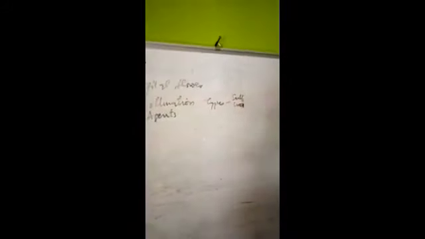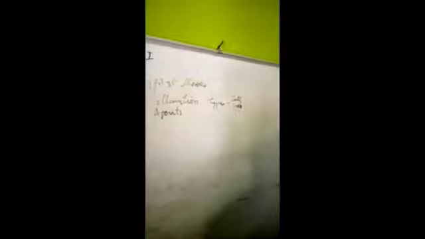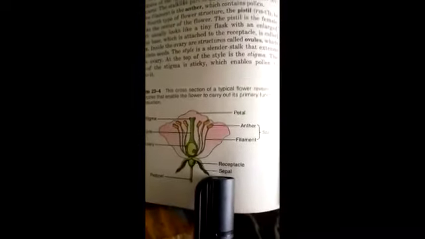Let's now look briefly at a typical flowering plant. A typical flowering plant will have four basic parts. These four basic parts will include the brightly colored part called corolla or petal. Then the not too brightly colored called sepal or calyx.